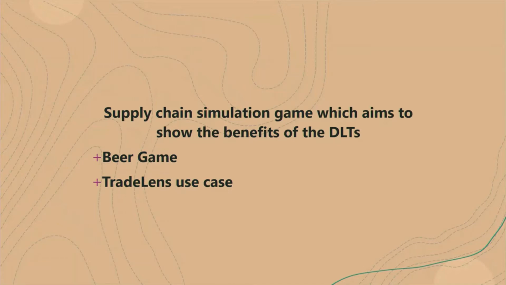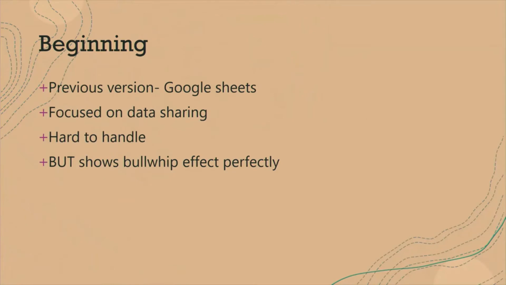Usually they try to represent and show the bullwhip effect, which occurs in the supply chain when the order has a deficit in it, or maybe some external event happens, like Corona. We use the TradeLens use case for our new scenario, which I am going to talk about in the next slides.